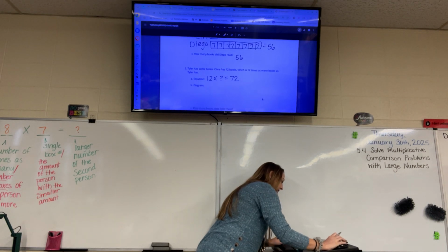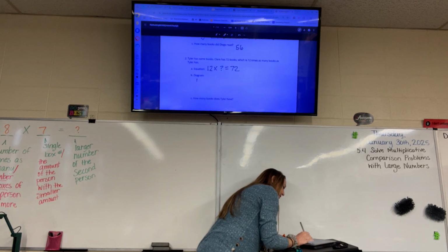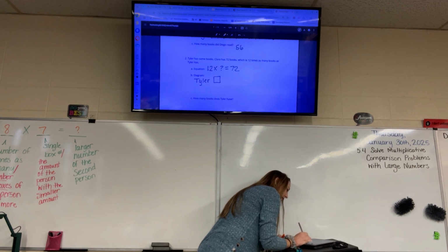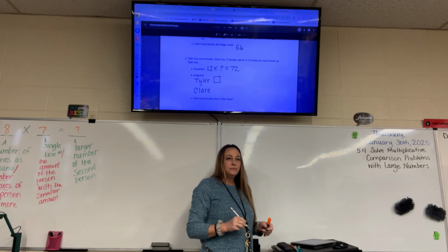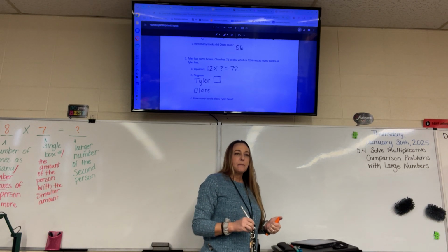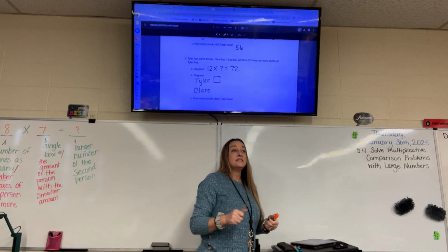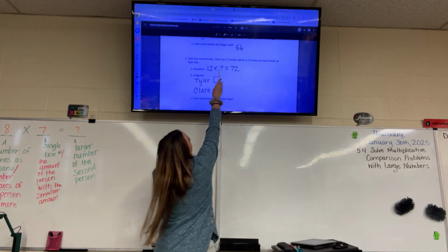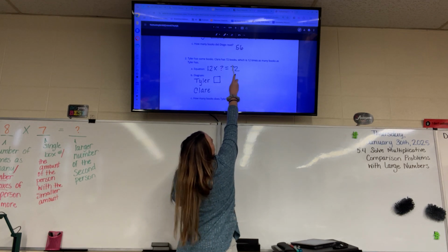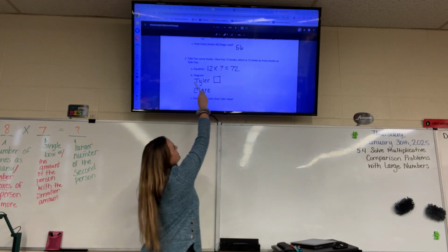It tells us that Tyler read some books, we don't know how many, and that Claire read 12 times as many. So how many boxes does Claire need? She needs 12, because it says Claire has 72, which is 12 times as many as Tyler.